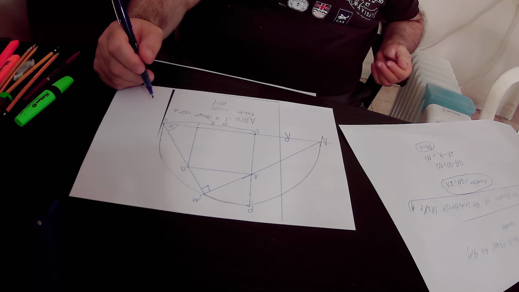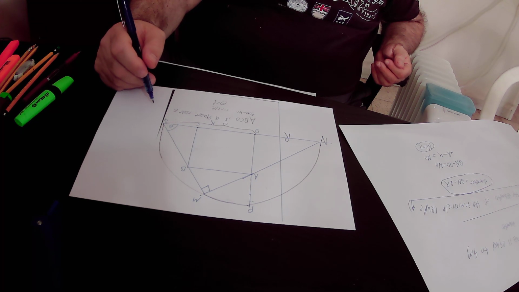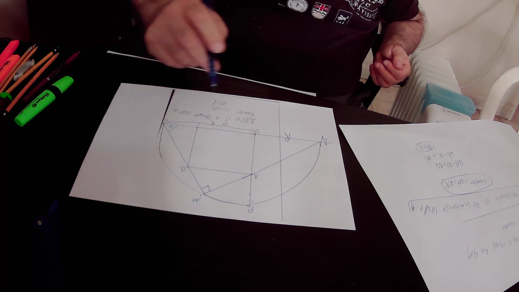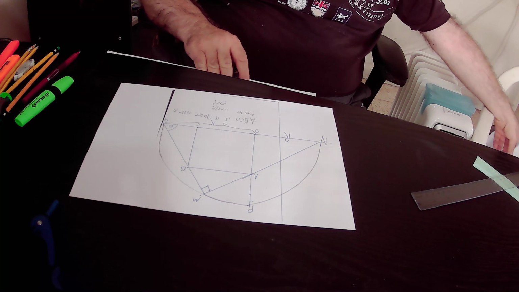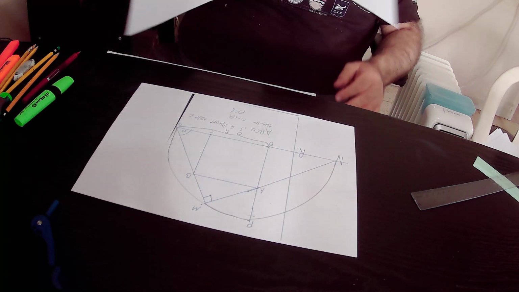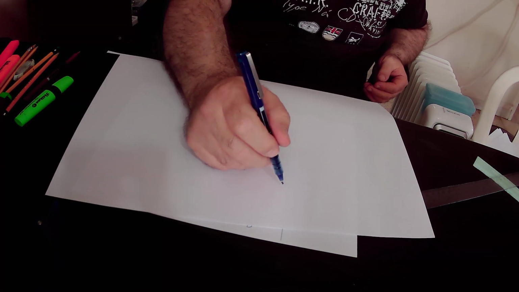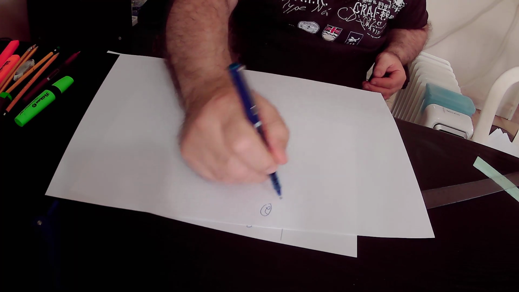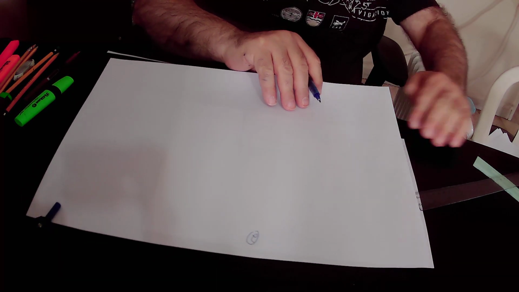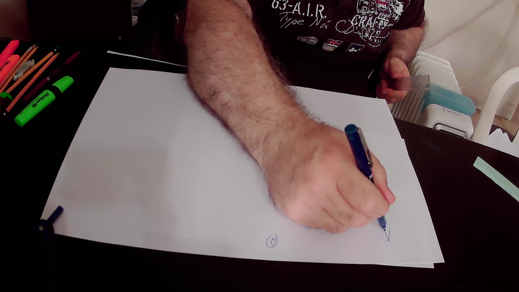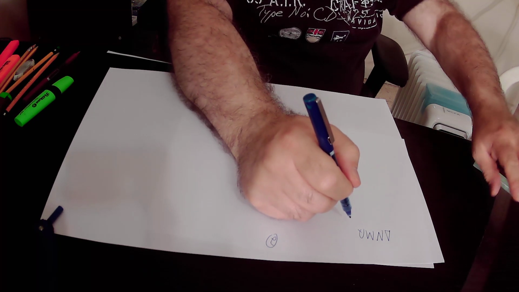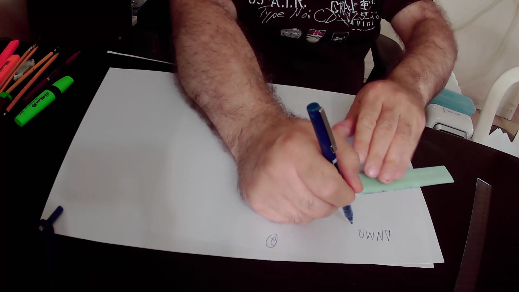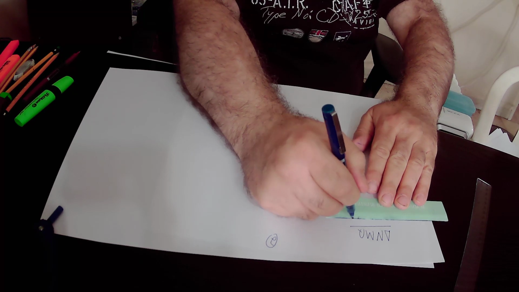And we will focus on the right triangle NMQ. In the right triangle NMQ, the sum of its angles must be equal to 180 degrees.